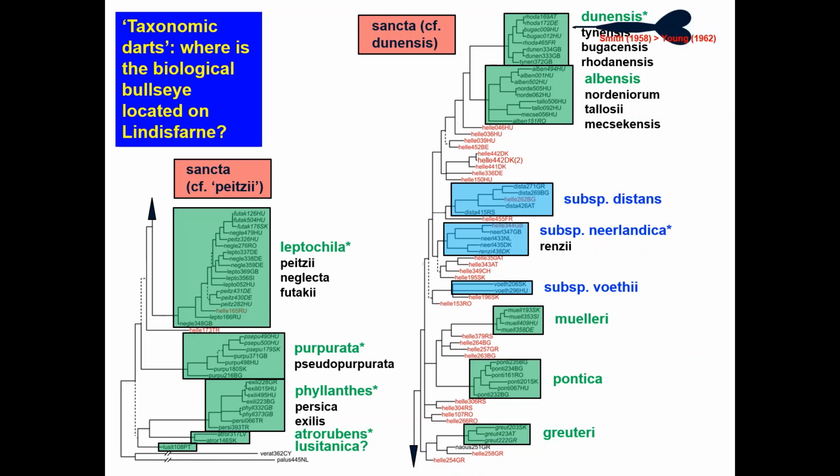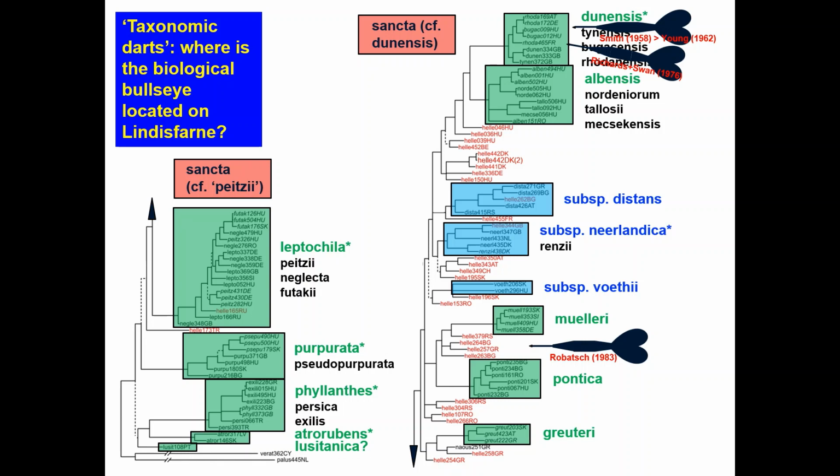Well, the first person to actually refer in print to this population was a gentleman with the distinctive name of Smith in 1958. His observation was picked up by Epipactis expert Donald Young in 1962, who said, yes, this Lindisfarne population is Epipactis helleborine. Richards and Swan followed up with a similar conclusion in 1976.